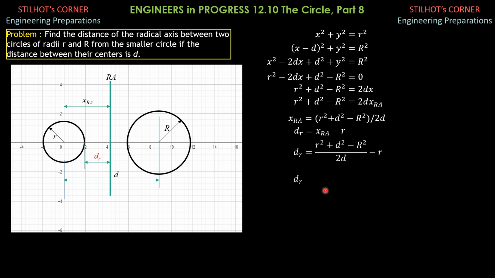Simplifying, d sub r is equal to d squared plus small r squared minus big R squared minus 2dr, by algebra, all over LCD 2d.